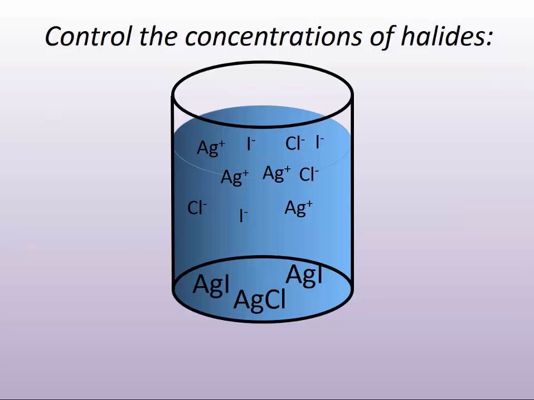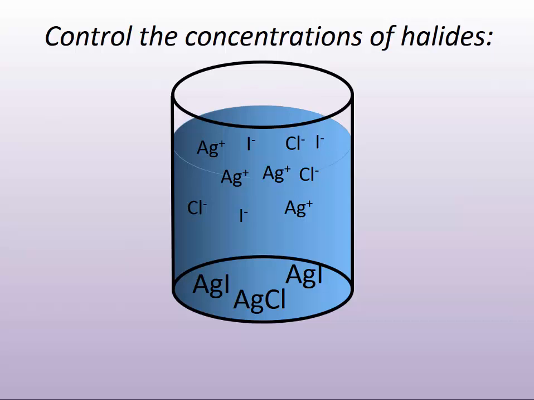To fine-tune this process, we change the concentration of reactants so that we know exactly the proportion of the chloride with the iodide, or the chloride with the bromide with the iodide, in each and every grain. The solid-state precipitation chemistry is a lot more complicated.